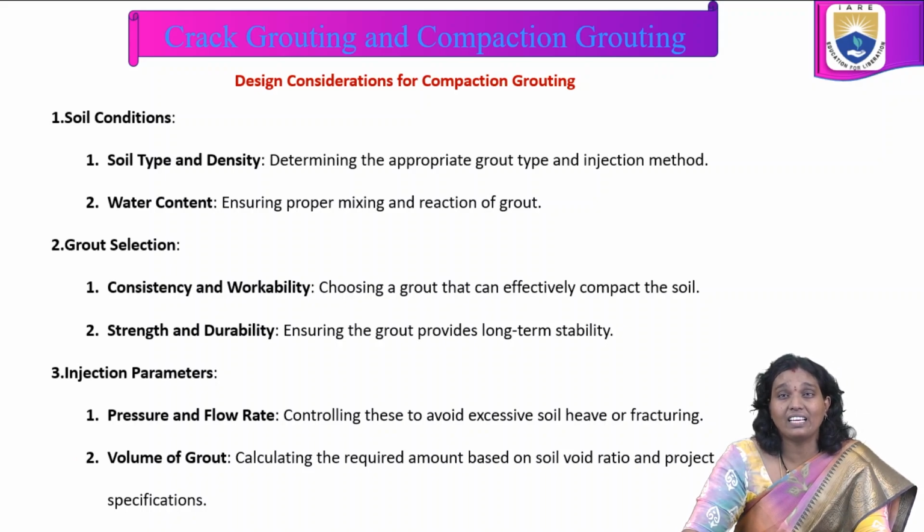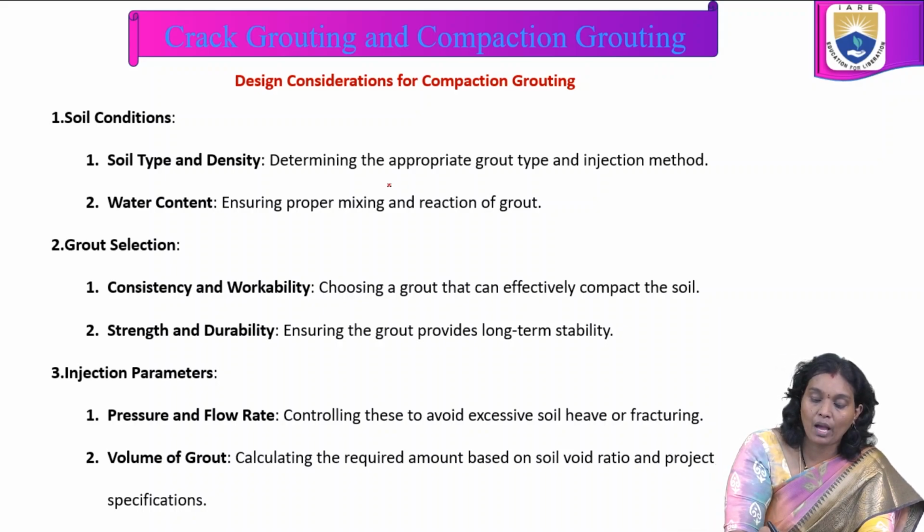What are the design considerations for compaction grouting? Soil conditions, grout selection, injection parameters. In soil conditions, soil type and density and also water content are the design considerations for compaction grouting.